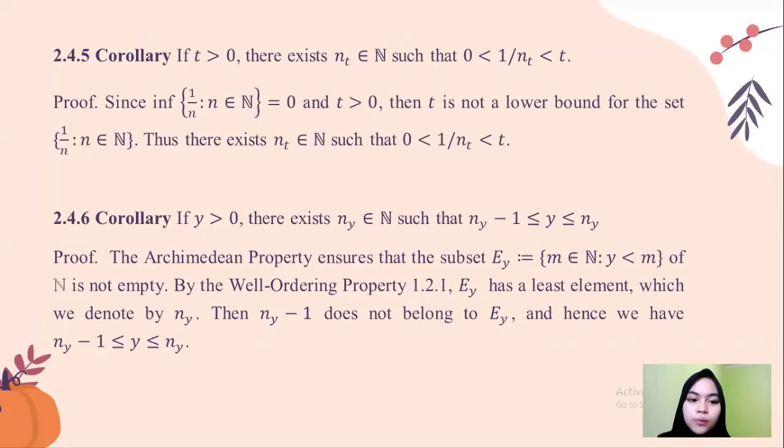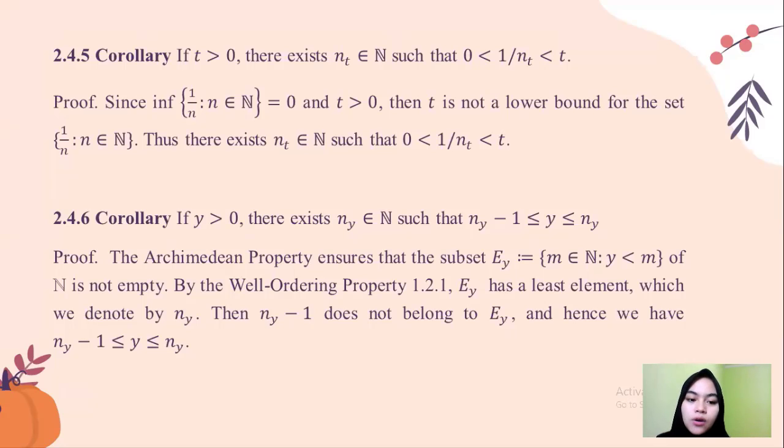Since the infimum of 1 over n, where n is an element of the natural numbers, is 0 and t is greater than 0, then t is not a lower bound for the set 1 over n. Thus, there exists n_t an element of the natural numbers such that 0 is less than 1 over n_t and 1 over n_t is less than t.